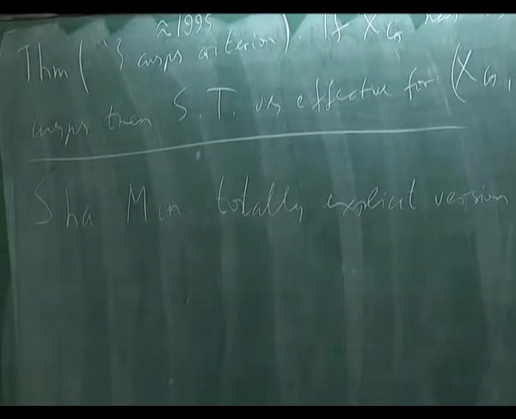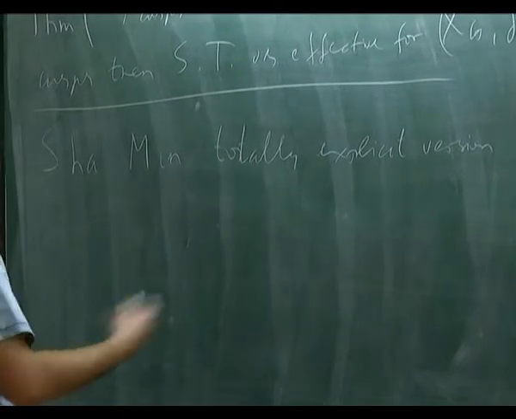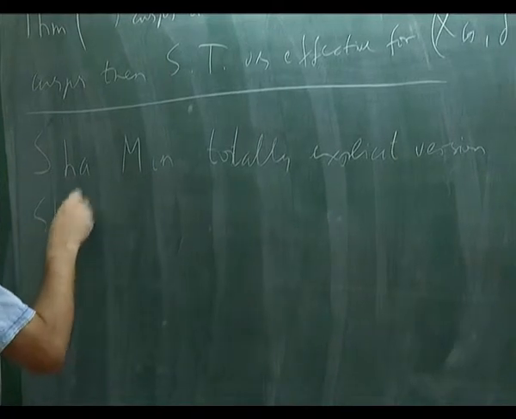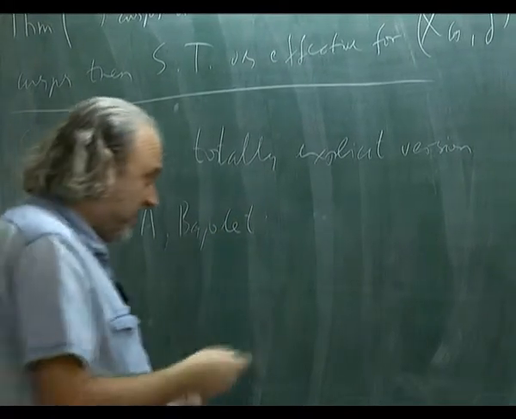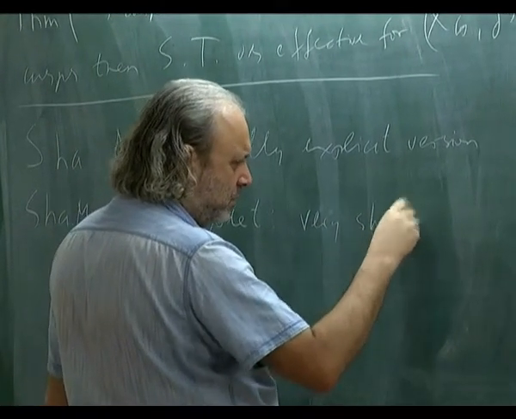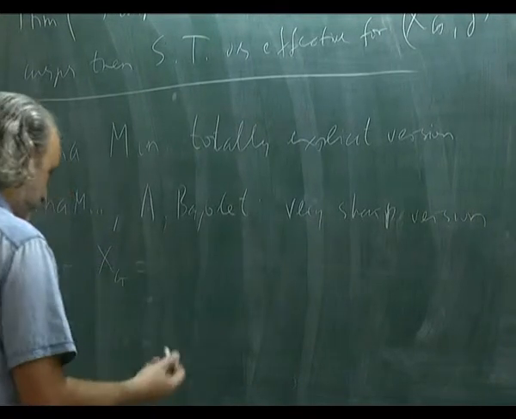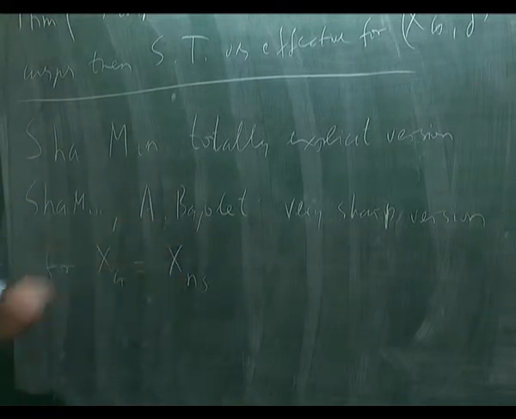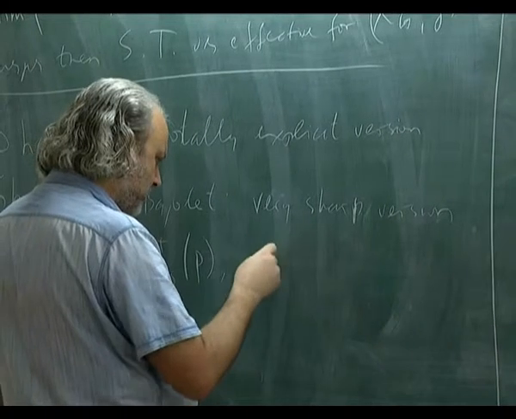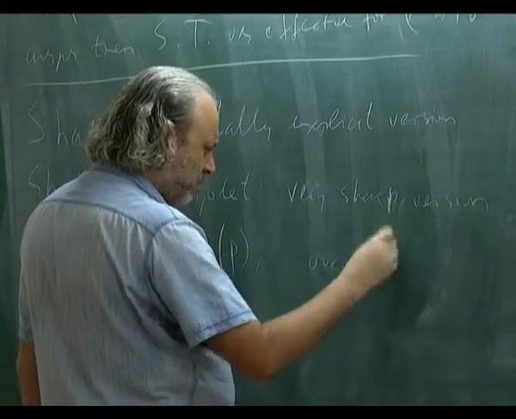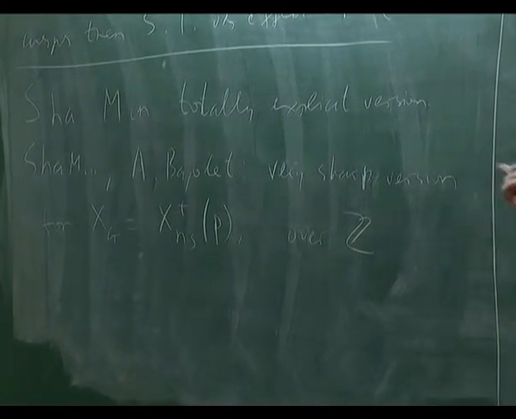And also with Aurélien Bajolet, my other PhD student, they obtained a very explicit and very sharp version in the interesting special case for XG equal to the curve associated to the normalizer of non-split Cartan subgroup of level P, and only for Z points, that is, rational points with integral J invariant.